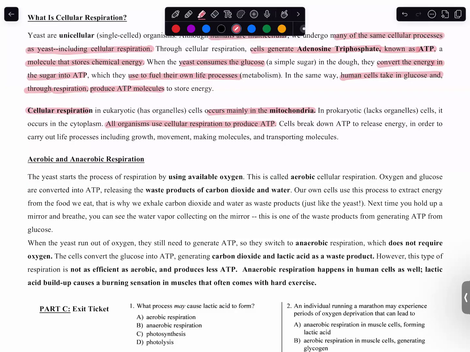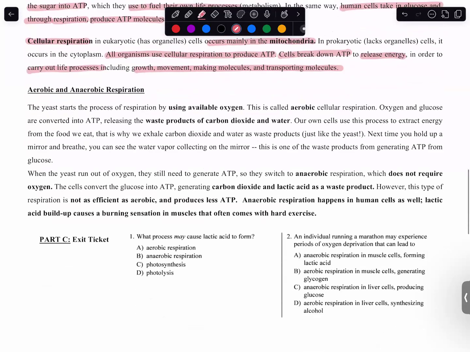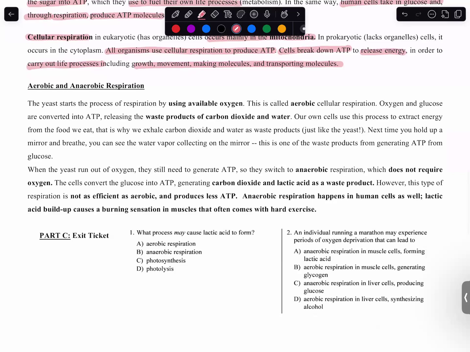Cells break down ATP to release energy in order to carry out life processes, including growth, movement, making molecules, and transporting molecules, right? So we need energy in order for those things to occur. Now, aerobic and anaerobic respiration, these are two different types of cellular respiration, but there's one primary difference between the both of them.